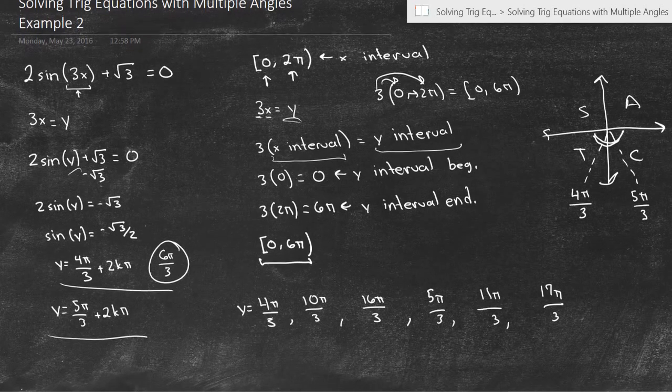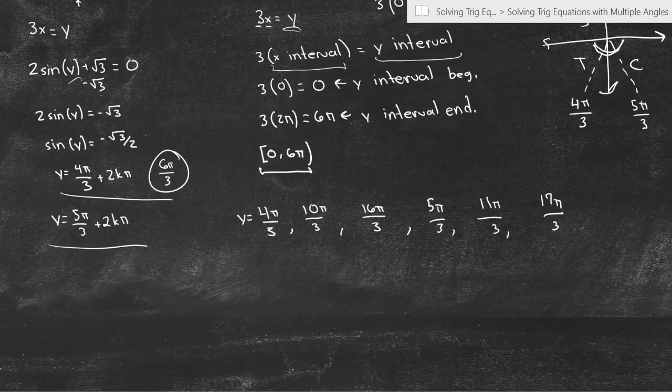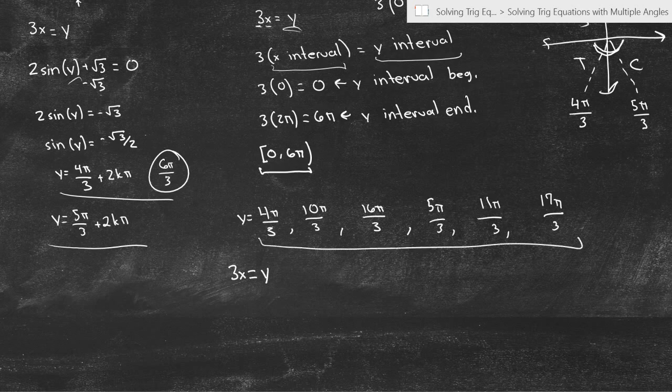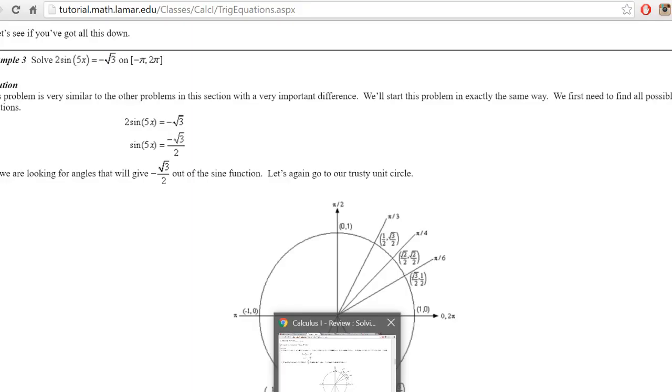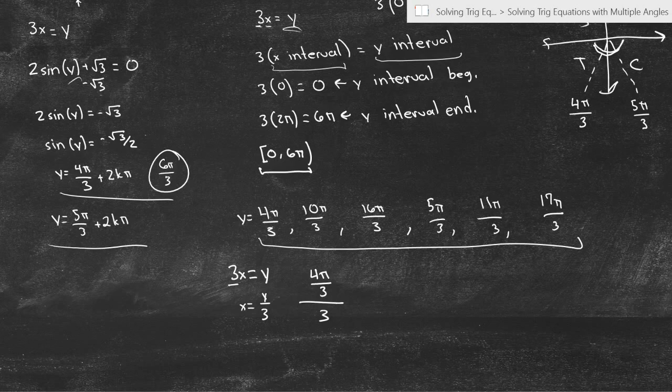So these are our y values, and now we have to get our x values. We know that 3x equals y, and we have all these values of y now. So we can take them all and divide by 3, because x equals y divided by 3. For example, take 4 pi over 3 and divide it by 3: all we're going to do is change the denominator from 3 to 9.